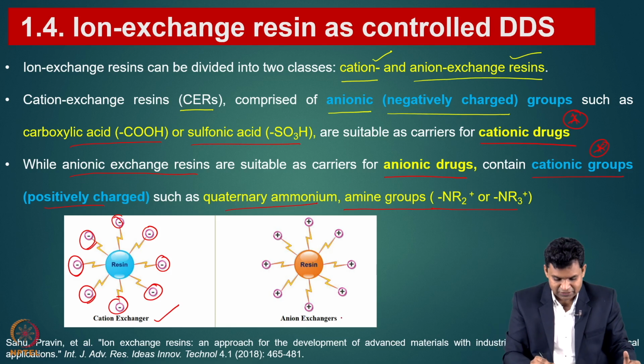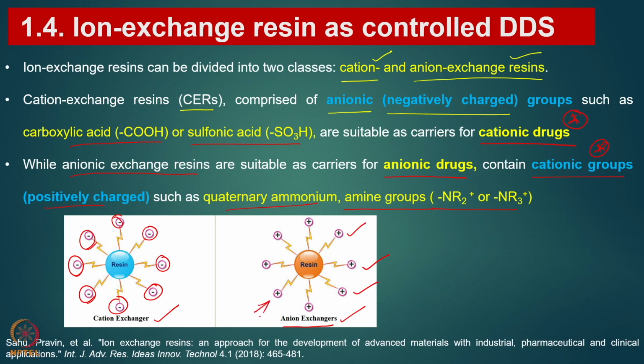Now, here you can see an example of anionic exchange resins. This is a resin which contains the positive charge, that is the cationic groups. Here we can complex with various types of anionic drugs, and if you would like to know more about the commercial products and the various types of ion exchange resins, you can see this reference.